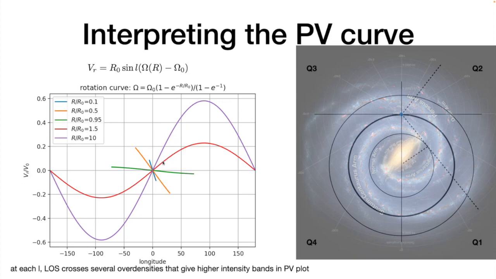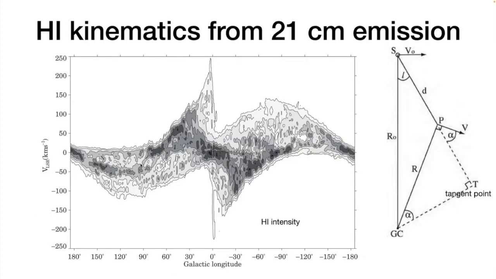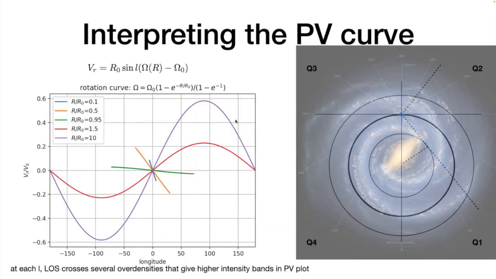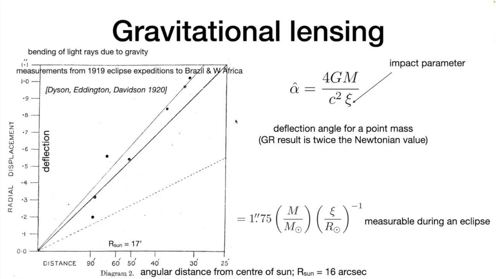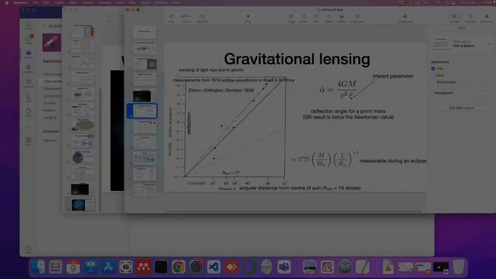But what this allows you is to actually interpret these. These are called spider diagrams, or something like that. I forget. So for a given L, you see all this gas, and at the maximum VLSR, it's the tangent point. Okay, so in the next class, we'll start with gravitational lensing.